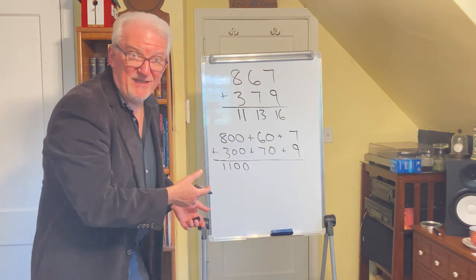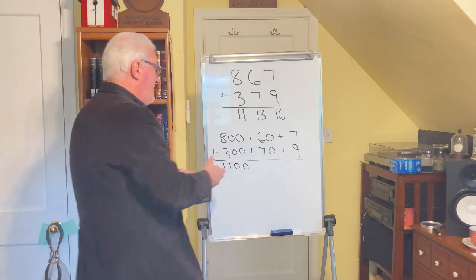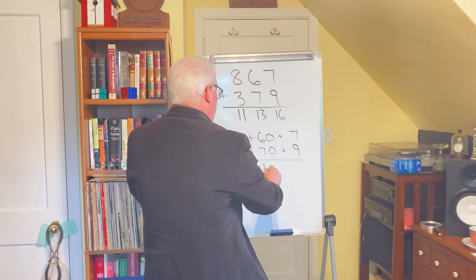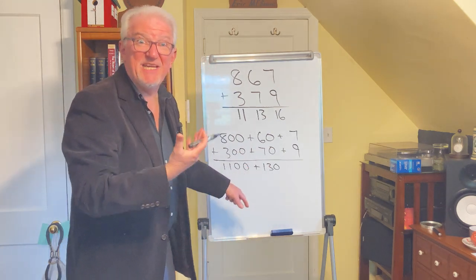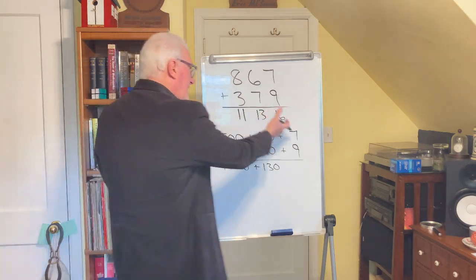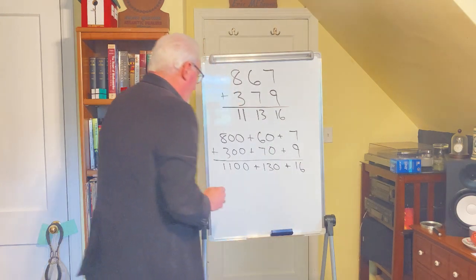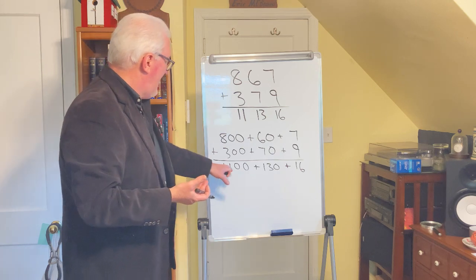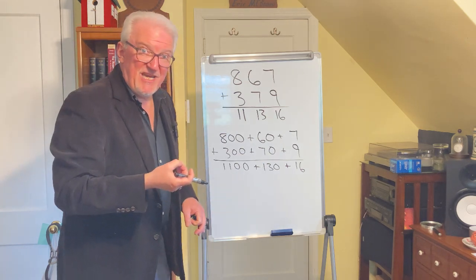I guess we usually read that as eleven hundred, but 1100 is just fine. 60 plus 70, well, that's 130, which in fact is 13 tens, right? 13 times 10 is 130, plus another 16. So we get exactly what we said before. We get 11 hundreds, 13 tens, 16 as the final answer.